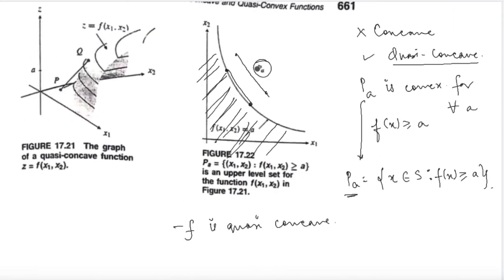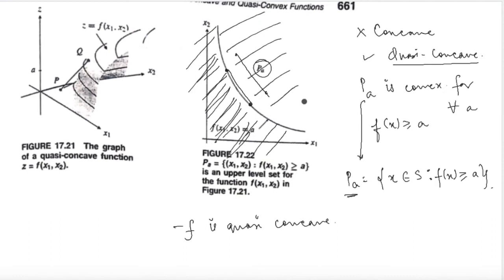So basically if you look at the lower level set here, which will comprise all these points along with the points on this curve, you will notice that if you join any 2 points, they can lie outside the set, and hence this is not a convex set. So for this particular example, the lower level set is not convex, but the upper level set is convex.